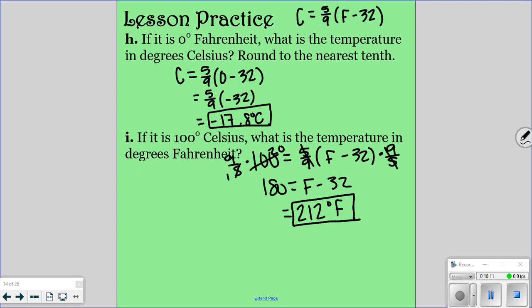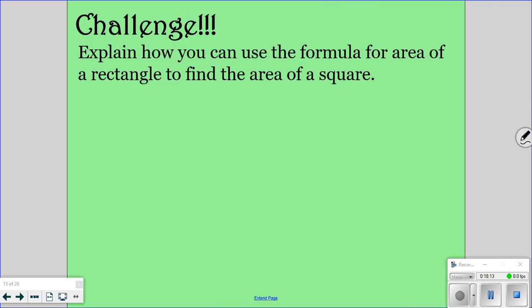We're going to look at our challenge question for today. Explain how you can use the formula for area of a rectangle to find the area of a square. So y'all pause the video and think about that one real quick, and then we can go over it. The area for a rectangle is just area equals base times height.